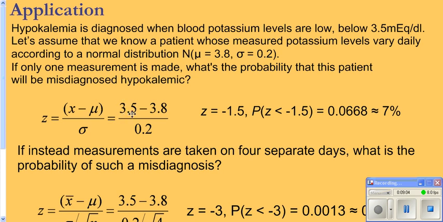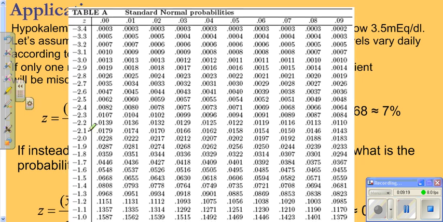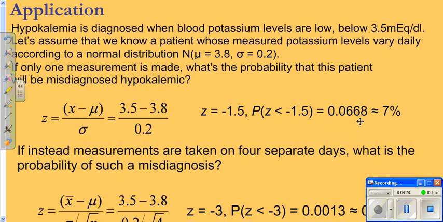You go 3.5 minus your mean of a 3.8 over your standard deviation of a 0.2, and you get a z-score being negative 1.5. With a z-score of negative 1.5, the chart tells you your proportion, which is a 0.0668. And so that's how we got this value here, which if you move your decimal point over, it's almost 7% of the time a patient will be misdiagnosed with one sample.